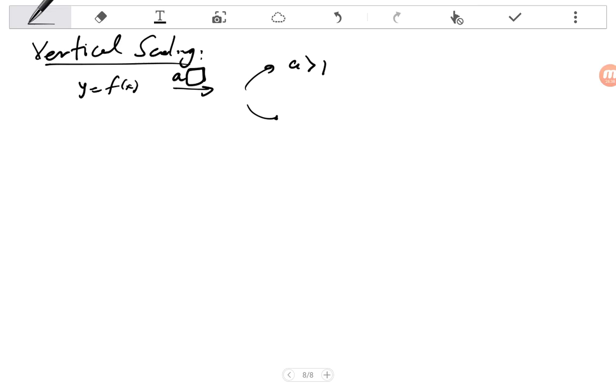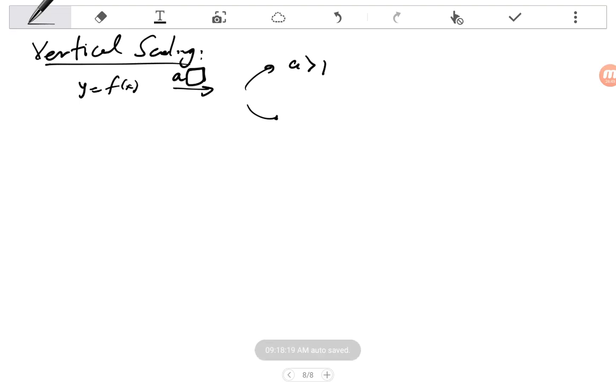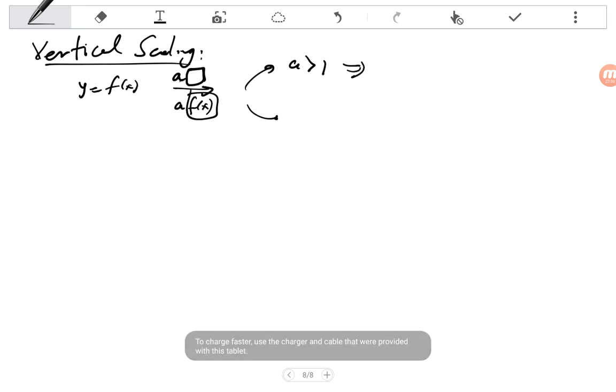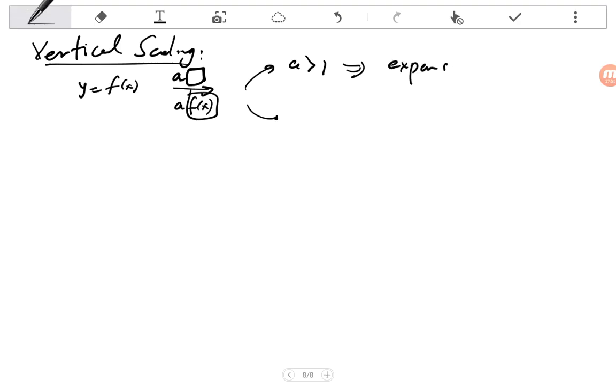If a is greater than 1, now remember in the vertical shift, it was in the same direction of a. In this case, it will be just the same meaning of a greater than 1. So if a is multiplied by the whole function, it means that we'll make a vertical expansion.